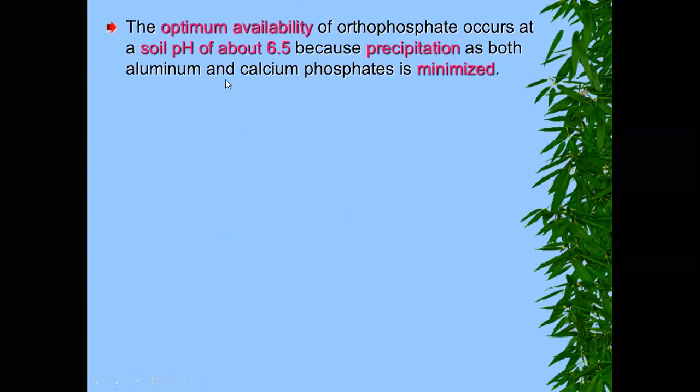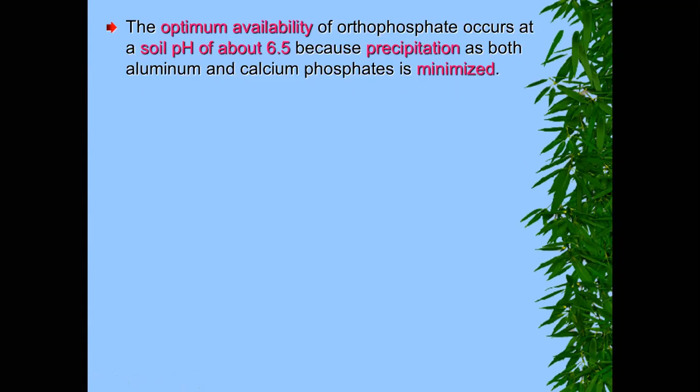The optimum availability of orthophosphate occurs at a soil pH of about 6.5 because precipitation as both aluminum and calcium phosphates is minimized, right?